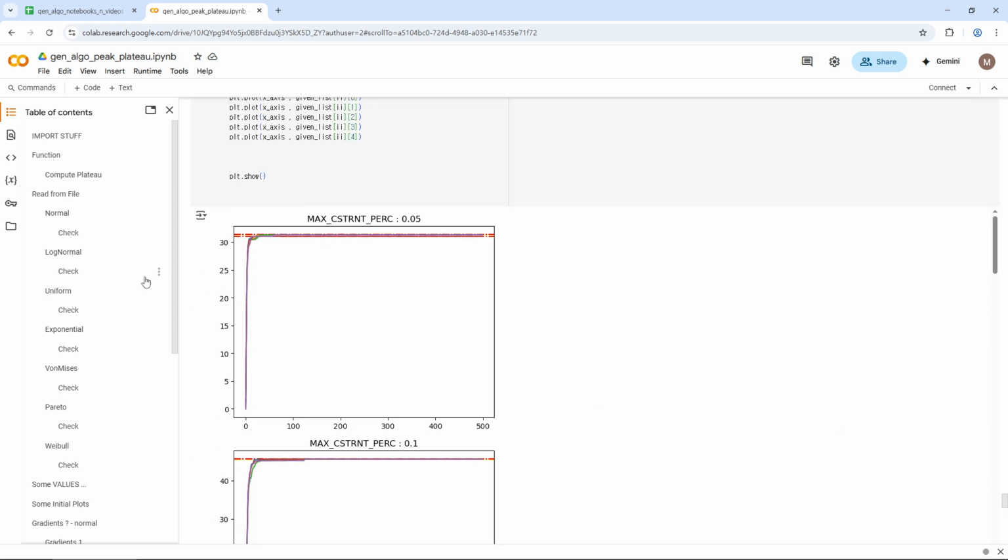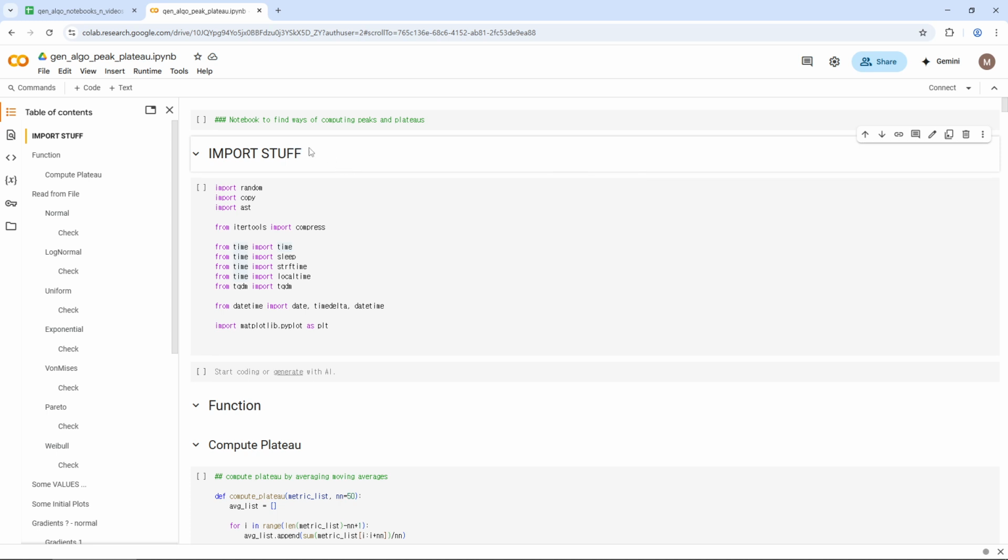The notebook I will be covering in this session is titled Genetic Algorithm Peak Plateau. Duh. And what I do here, as written here in comments, is a notebook to find ways of computing peaks and plateaus.